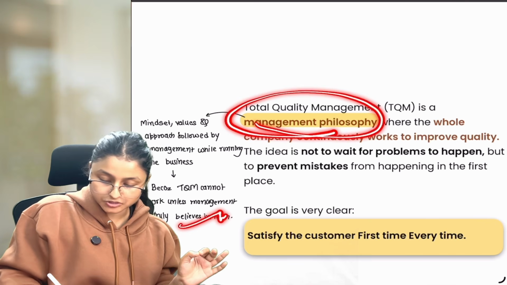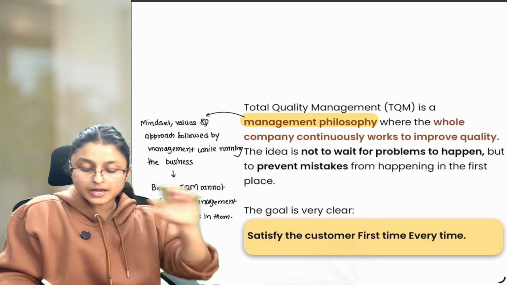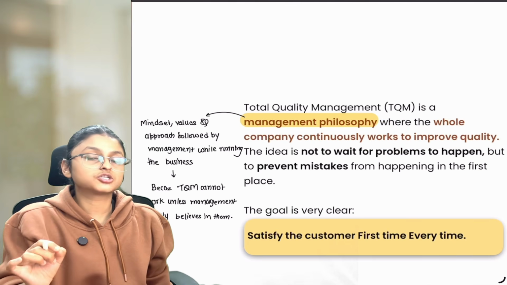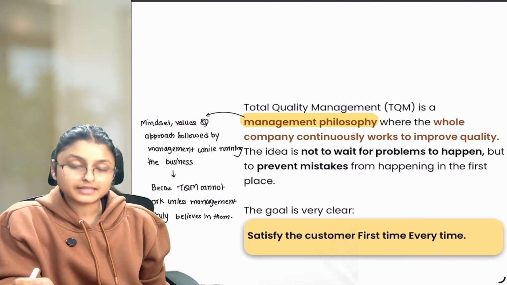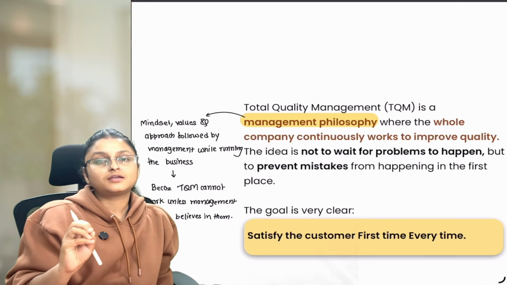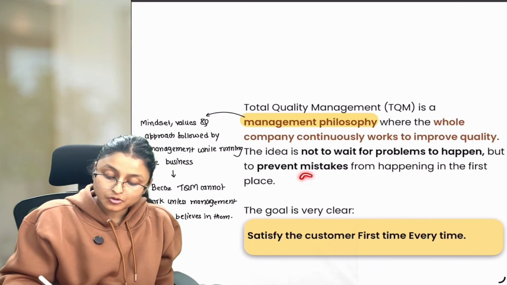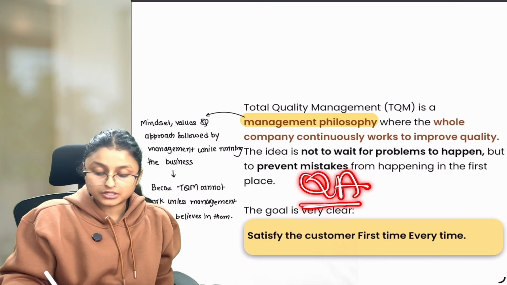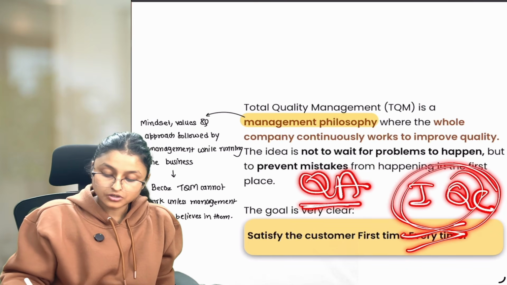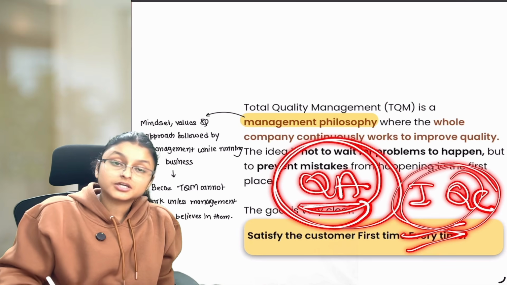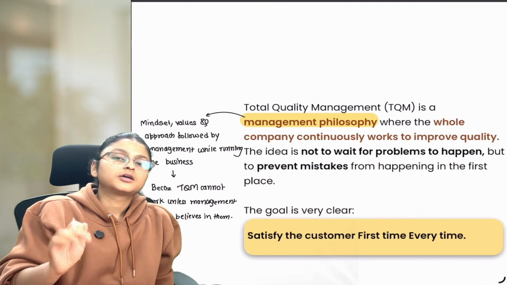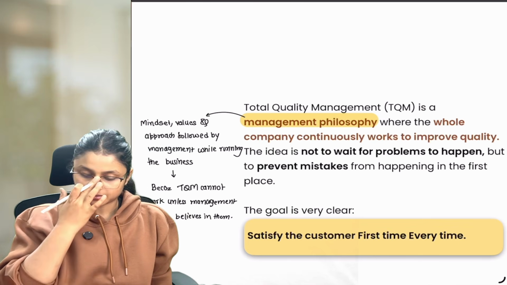So, TQM is a management philosophy where the whole company continuously works to improve quality. Everyone in the organization will work to improve the quality. And the idea is not to wait for the problems, but to prevent them beforehand. Here we will apply quality assurance techniques. We will not just apply inspection and quality control. We'll definitely apply those also, but we will apply quality assurance also. We will focus mainly on preventing before occurring, right?